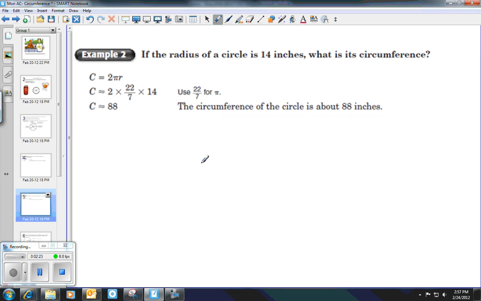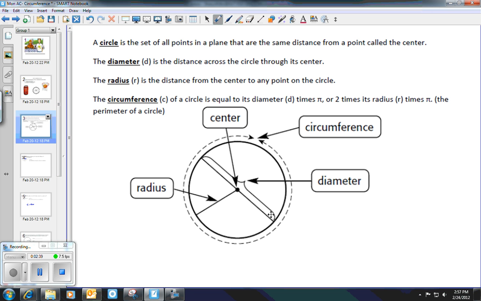Okay, the other formula that we'll be using for circumference is 2 pi r, 2 times pi times radius. Now we have circumference equals pi times diameter. And what diameter is, if you'll recall from the first picture we looked at, is just 2 of the radius put together. So 2 radius.